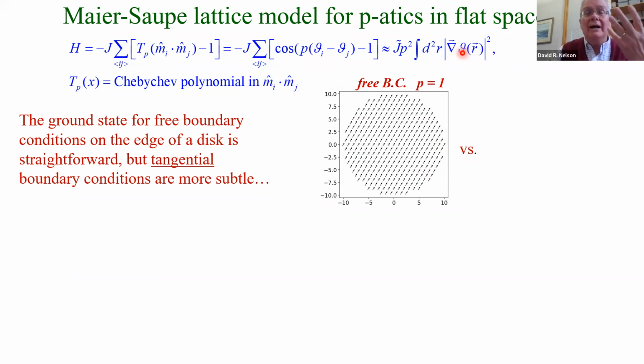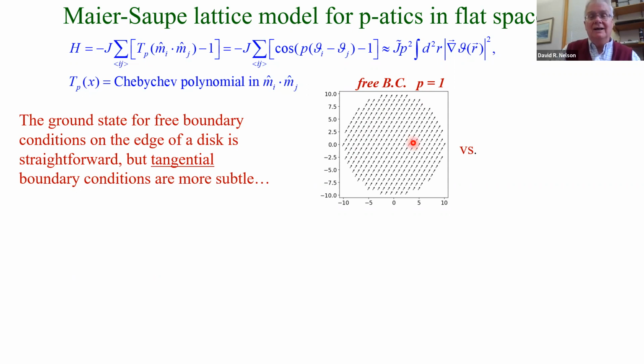It's the energy of an XY model. It's the energy that would go into a Kosterlitz-Thouless theory of vortex unbinding transitions or defect unbinding transitions. But if we're at zero temperature, and I'll mostly talk about zero temperature today, a circular disk with free boundary conditions is absolutely boring.